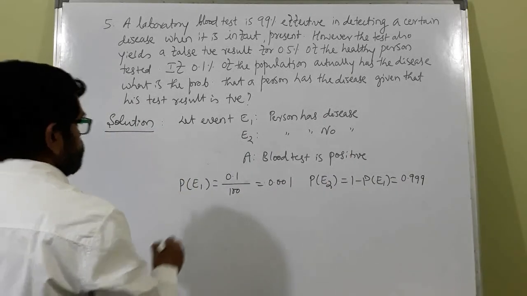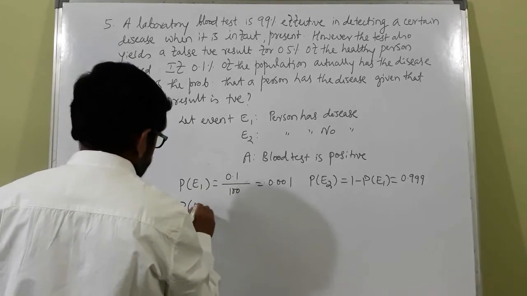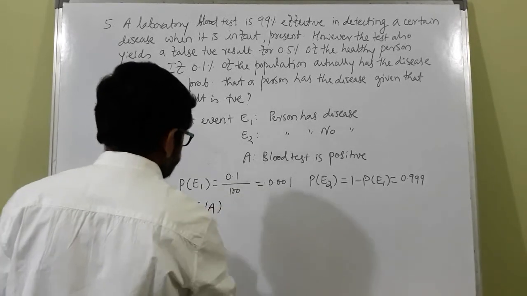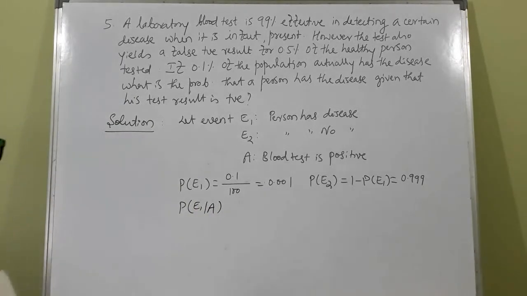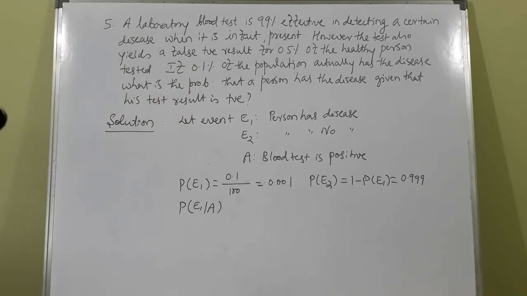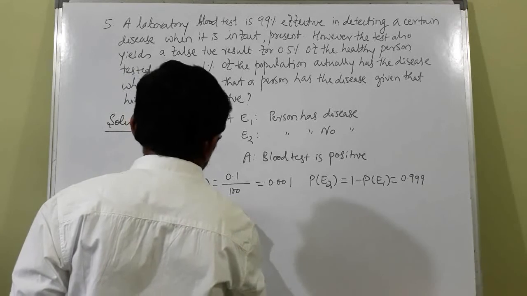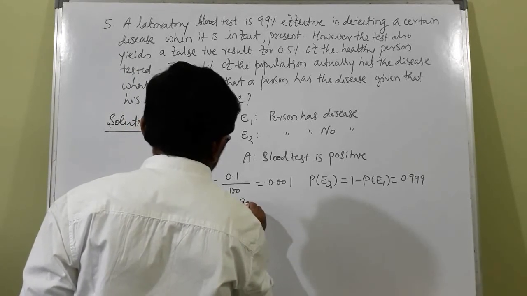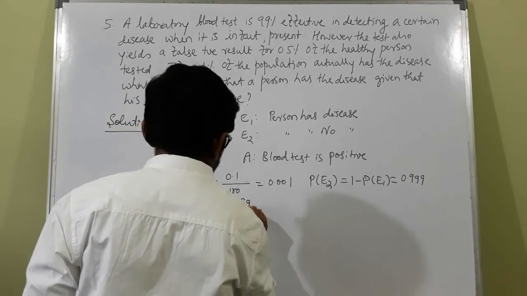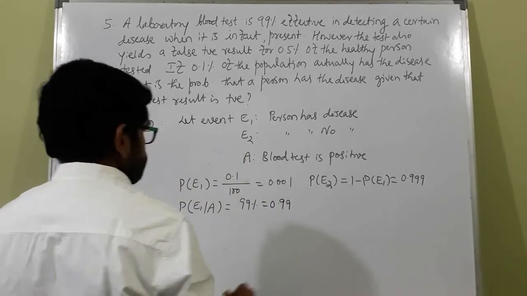Now probability of E1 given A, probability of a person has the disease when the blood test is positive. 99% effective in detecting means this is 99% or 0.99.